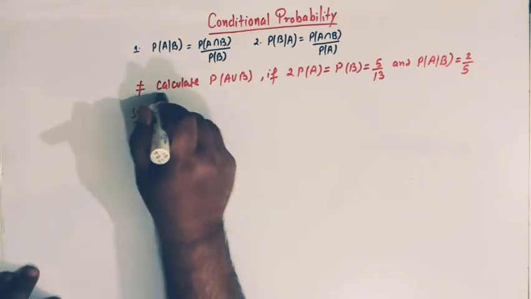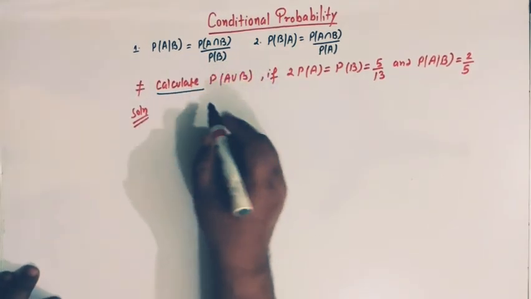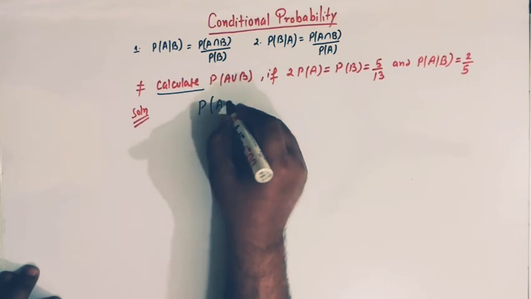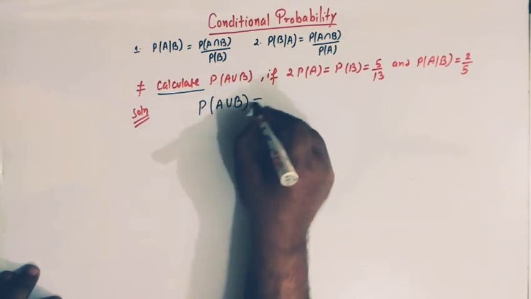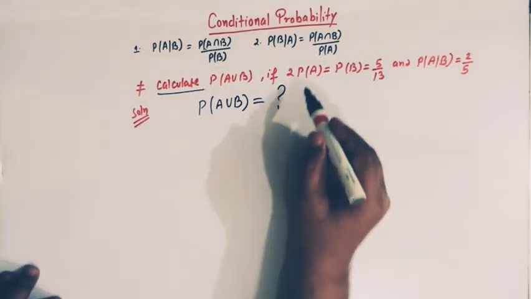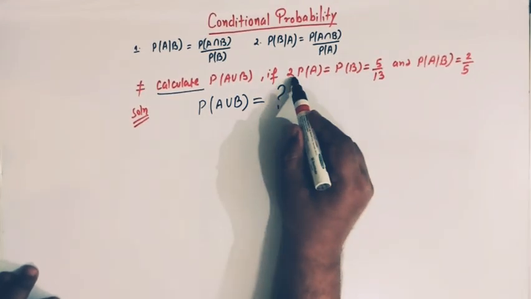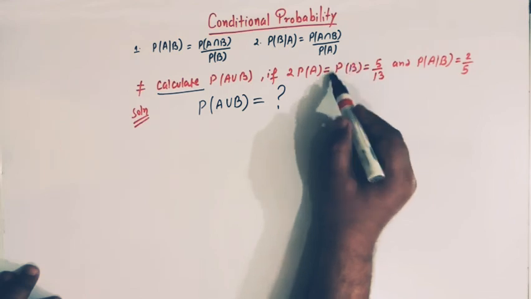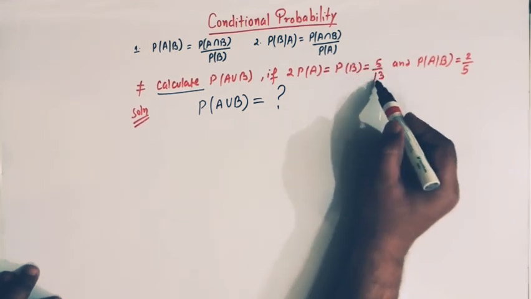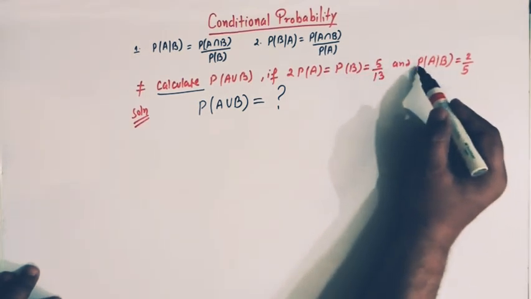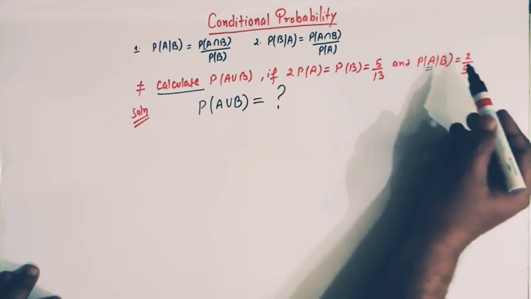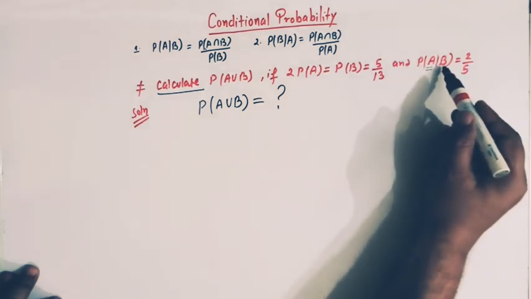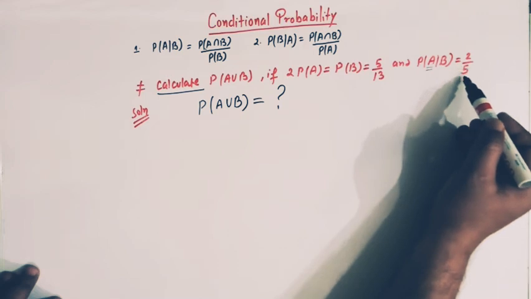So here we have to calculate the value of P A union B, and we are given 2 times the probability of A is equal to the probability of B is equal to 5 by 13, and the conditional probability of A when B has already happened is equal to 2 by 5.